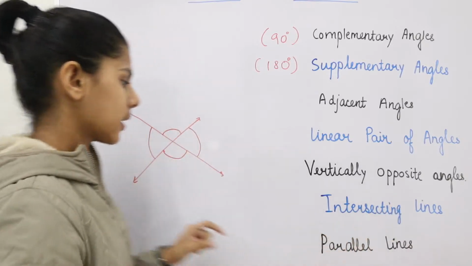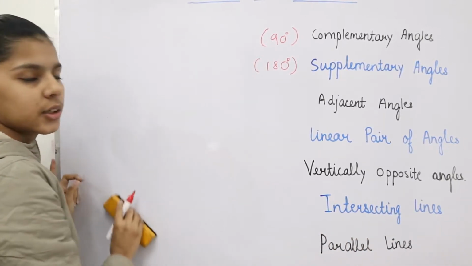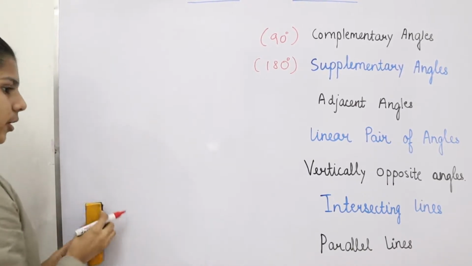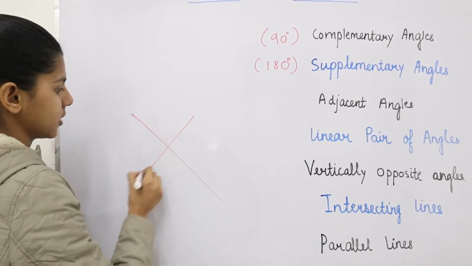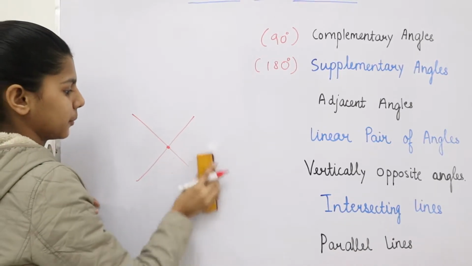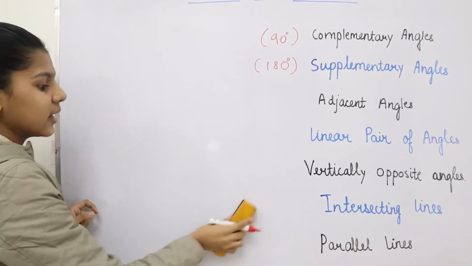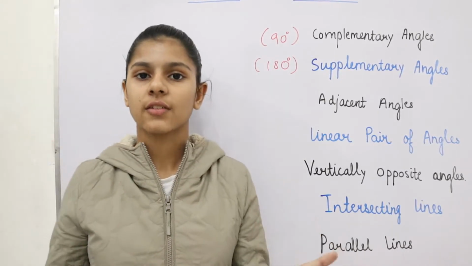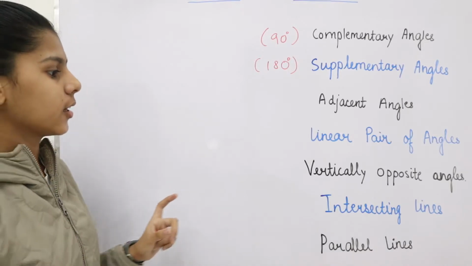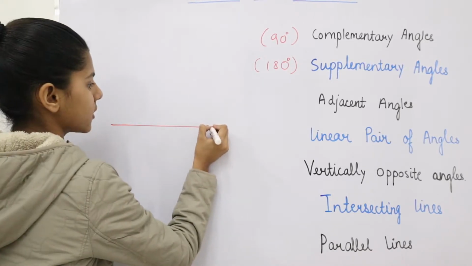Then intersecting lines. Intersecting lines means when two lines intersect each other, cross each other at a single point. So they are intersecting at this particular point. They are intersecting lines. It is very simple. Parallel lines. Parallel lines are those lines which never intersect each other, which never meet at any point. The distance between them is always the same.